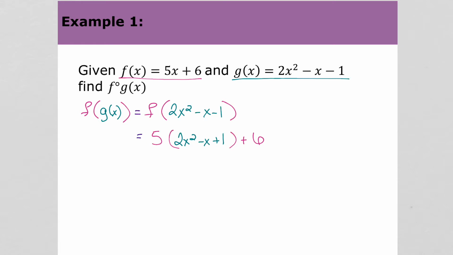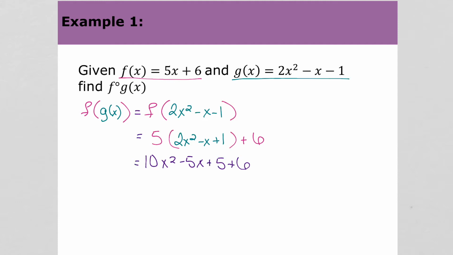So f of g of x, without being simplified, is 5 times 2x squared minus x minus 1, and then plus 6. Simplify by distributing, and combine the like terms, just that 5 and 6.